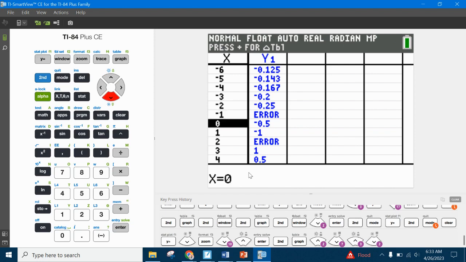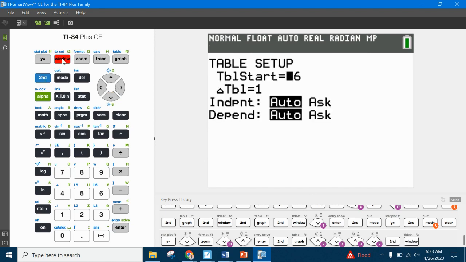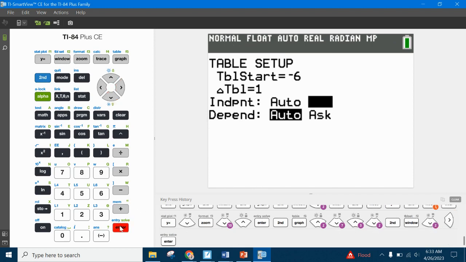Those values are too far away for me to see how the function's behaving really close to negative 1. So since I want to know values even closer than that to negative 1, we're going to have to go to second table set, and then instead of auto, change to ask, enter. Now when we go back to our table, we'll be able to plug in values ourselves.